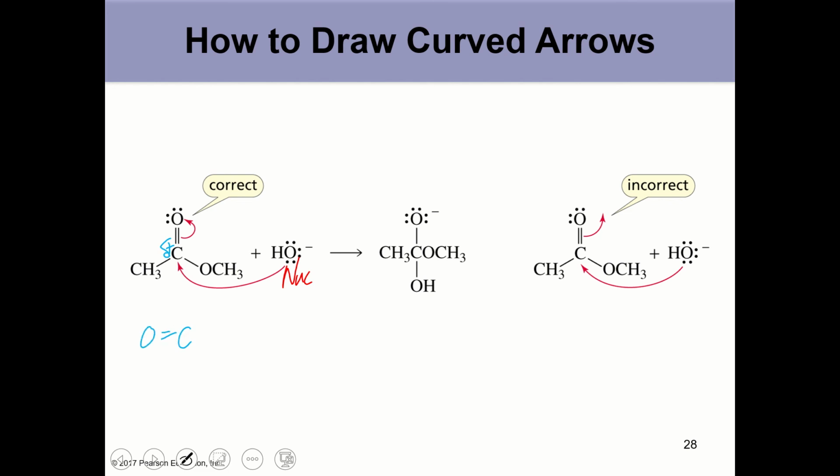In C=O, the dipole goes towards the oxygen, which is more electronegative, leaving carbon partially positive and oxygen partially negative. So our nucleophile gives electrons to our electrophile, our partially positive carbon, and the pi electrons from carbon to oxygen break.